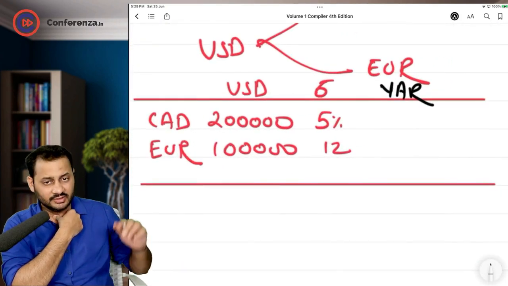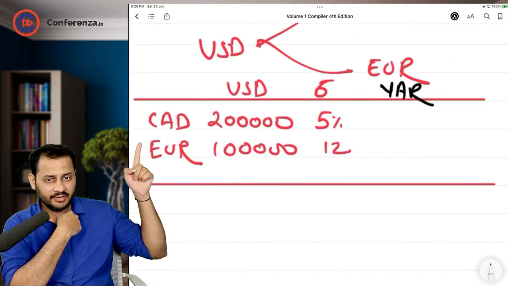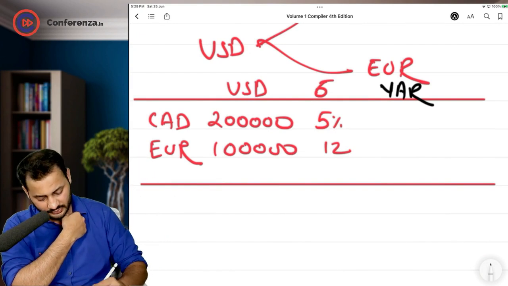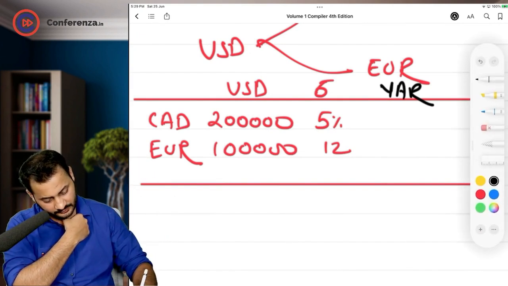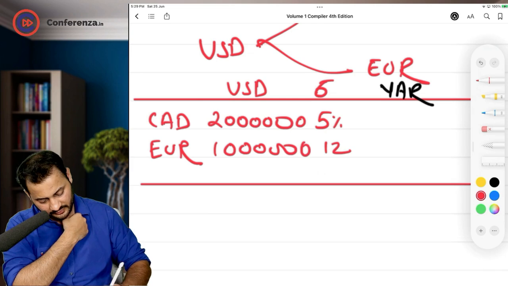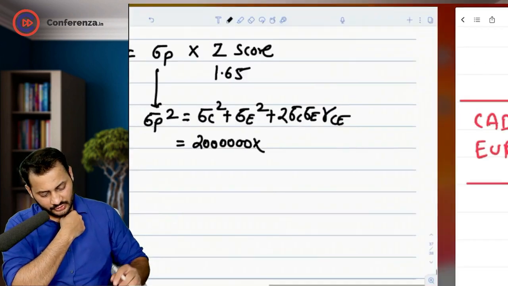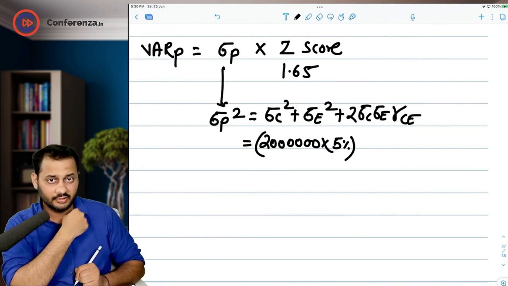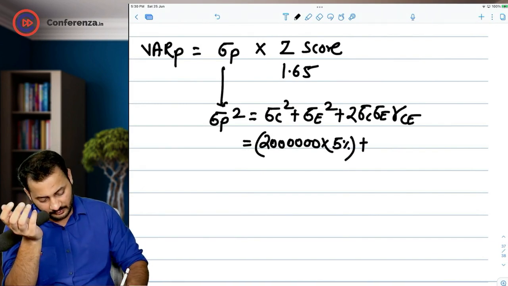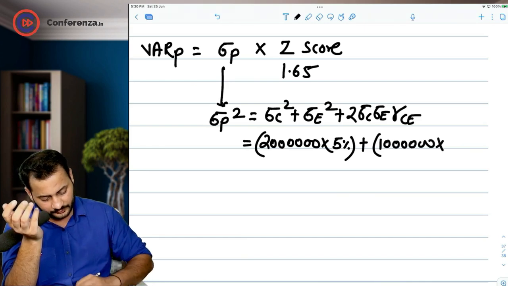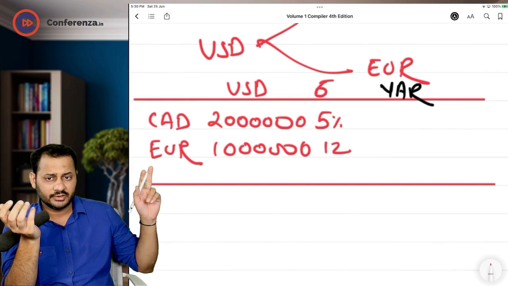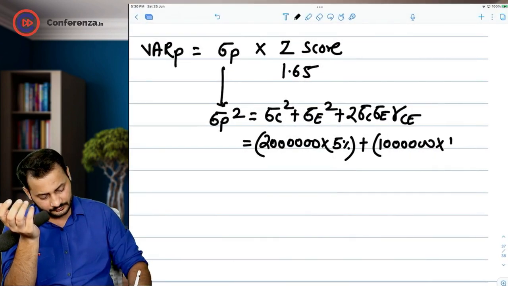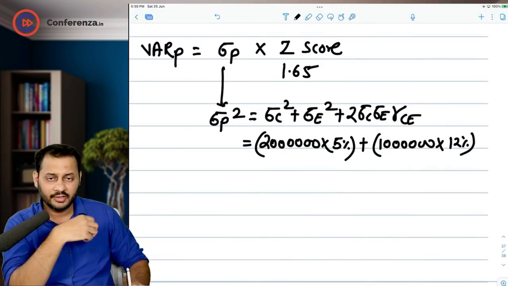$2 million is the investment in Canadian dollar. 2,000,000. I think we have written it wrong; we should add one more zero here. So 2 million into 5%, the standard deviation of Canadian dollar in terms of currency, plus 1 million into 12%, the standard deviation for euro.